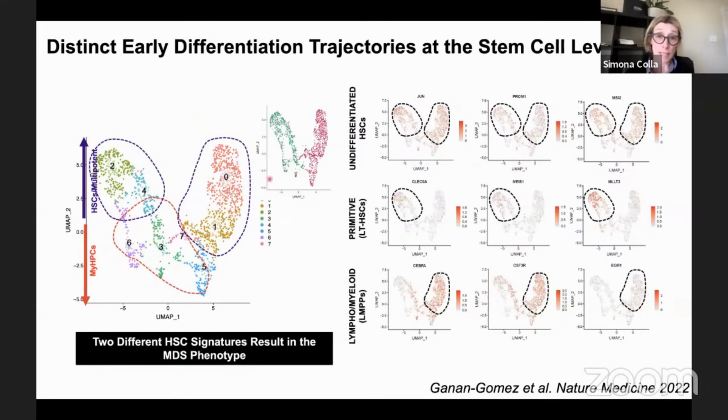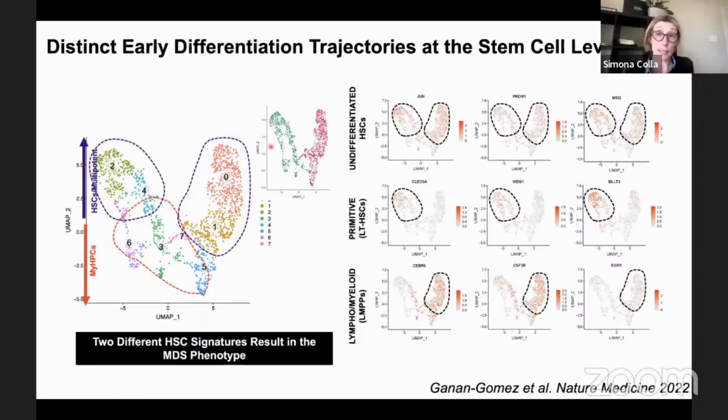And the answer is yes, because we were able to characterize the cell at the top, the stem cell at the top, and clearly see that the one of the pattern, the one with long-term hematopoietic stem cell expansion, that was the more primitive stem cell, indeed was characterized by expression of genes that are linked to quiescence, that are linked to primitive stem cell, like, for example, CLEC9A, HMLT3, or MECOM.